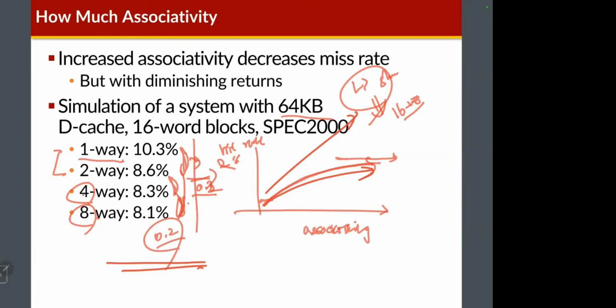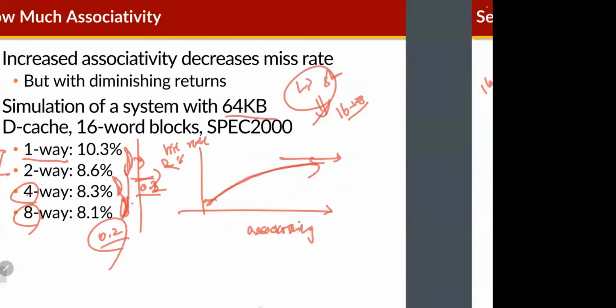The good thing is that the performance is saturated. Usually the performance of an 8-way set associative cache is similar to that of a fully associative cache. That's why we can use 8-way or 16-way set associative caches for the internal caches.